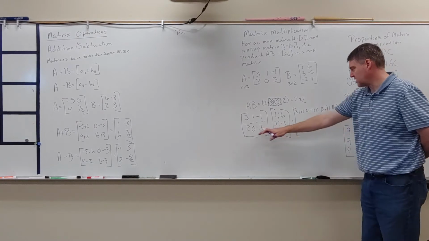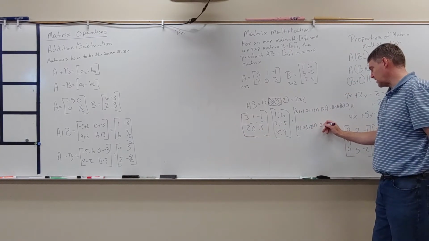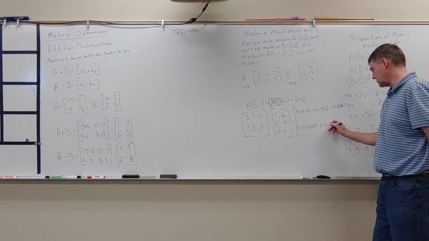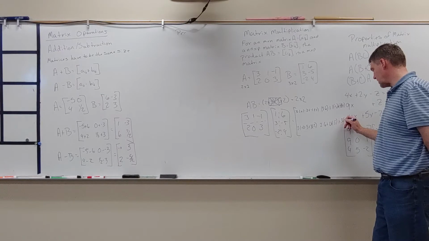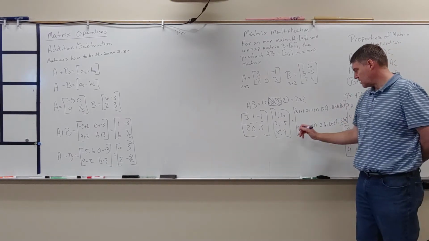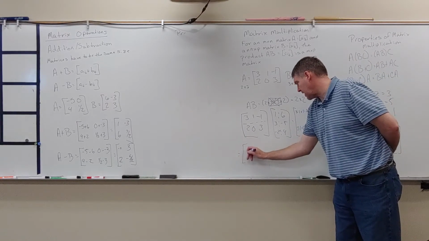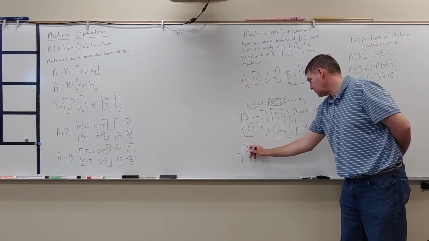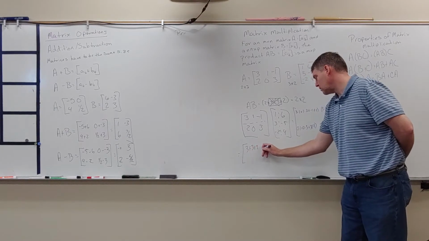My next element is going to be my second row times my second column. 2 times 6 plus 0 times negative 5 plus 3 times 4. Okay? I'm going to run out of space here. So this is going to give me here, up on top, I have 3 plus 3 plus 2.